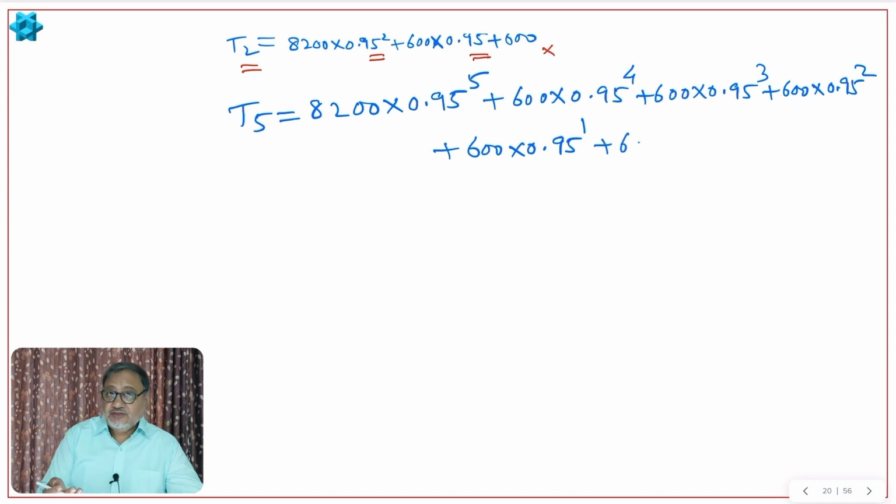Sorry, I said 6000, it is 600 in each term. So 600 can be common. Now this addition you can do in the calculator, but you cannot use the direct operation in the calculator.